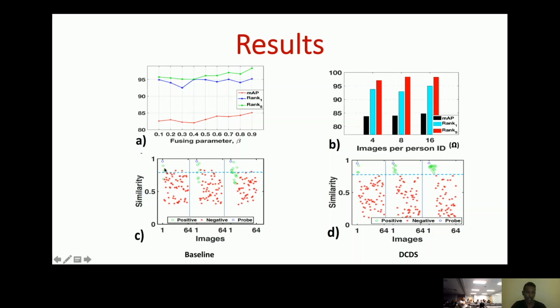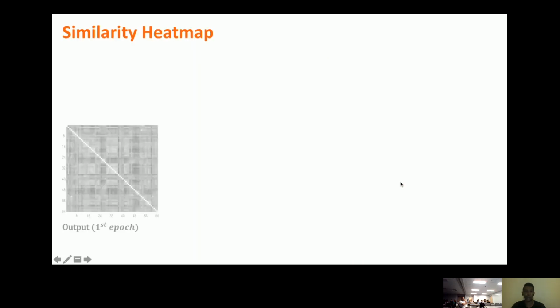As you can see here, there are some positive images which go below the threshold, which means some positive images are considered as false negatives. The same here. But when it comes to our model, it gives appropriate similarity for positive images, as you can see here, and the same for negative images.